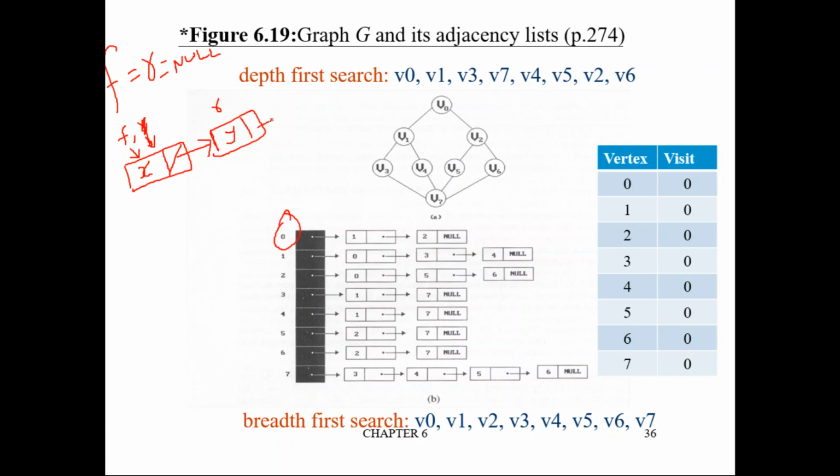Now if you add one more element, say z, now rear will point here. No more rear is pointing here. Now if you add one more element, say a, now rear will point here. And this will be null.